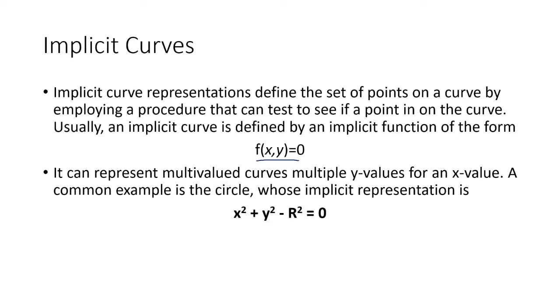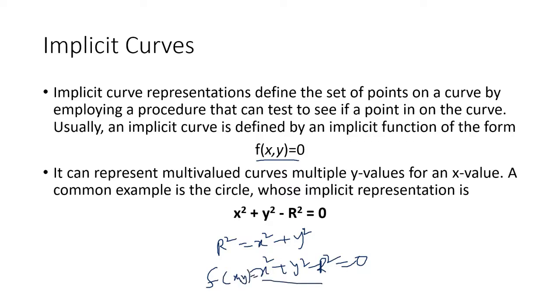For example, for a circle, the equation is r square equals x square plus y square. So x square plus y square minus r square becomes 0. This is your function of xy, and using it you can identify the points lying on that particular circle. That is how an implicit curve works.